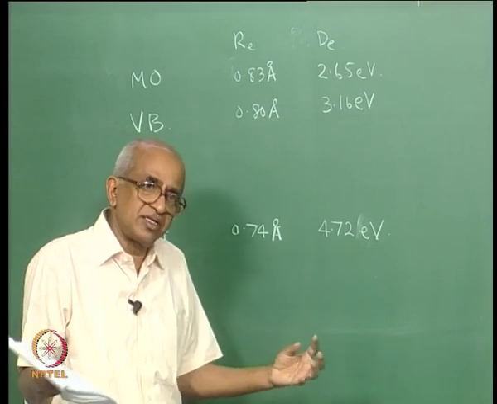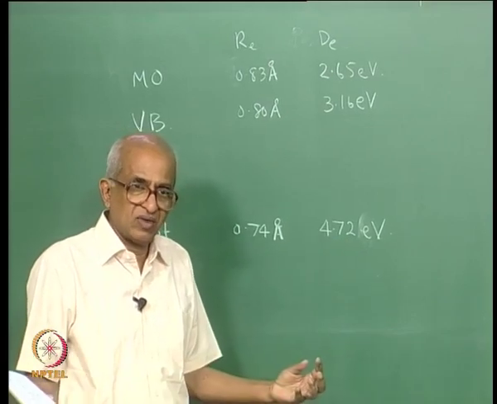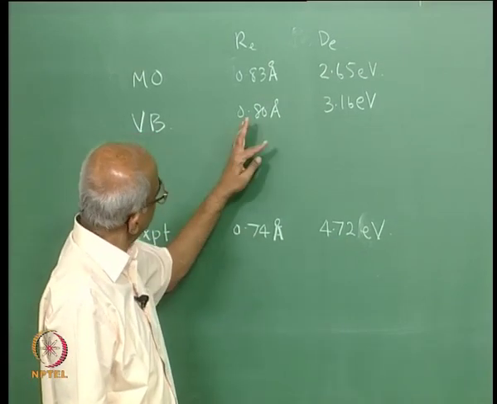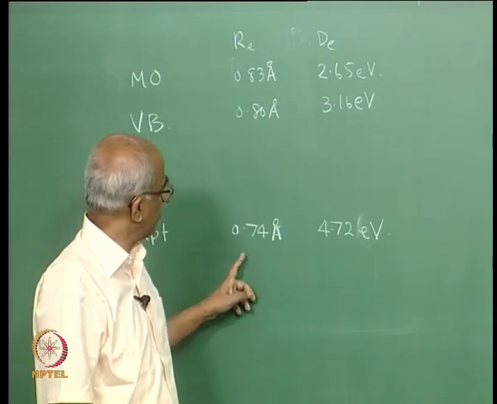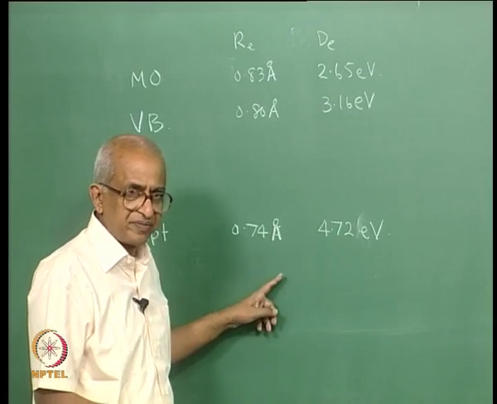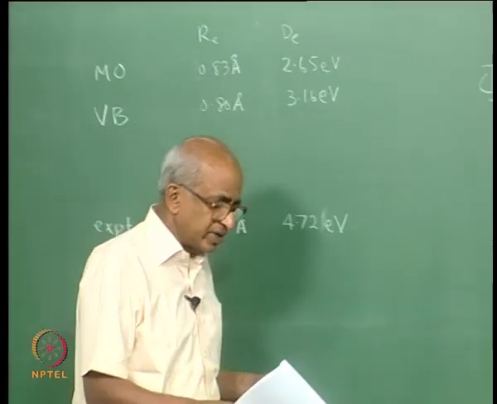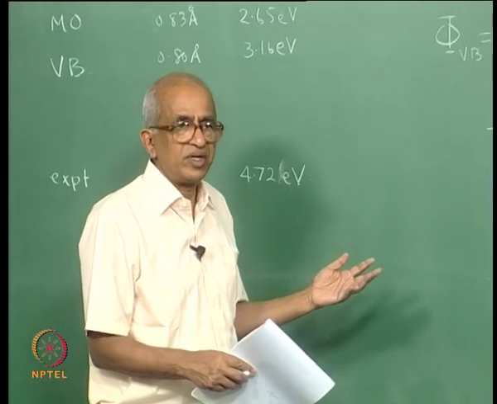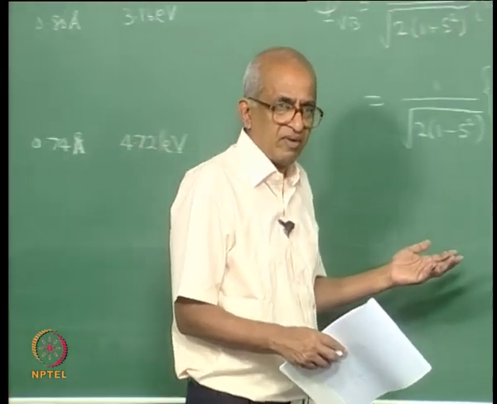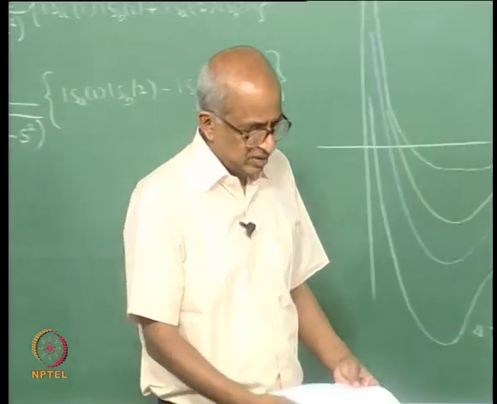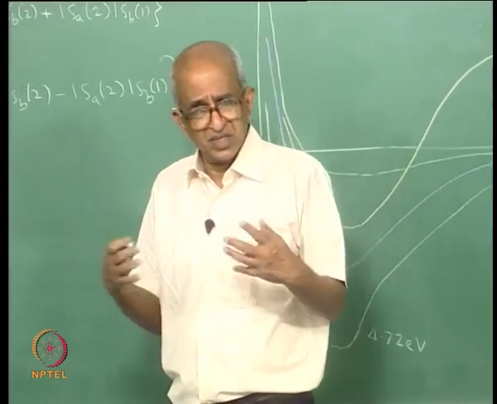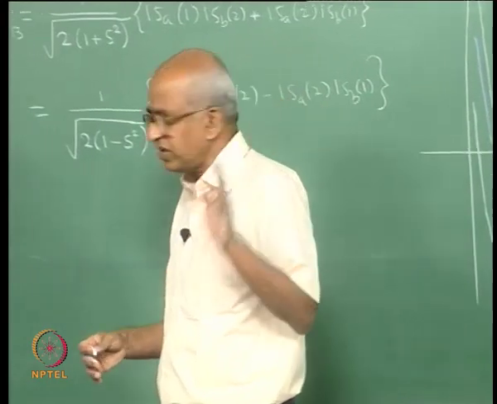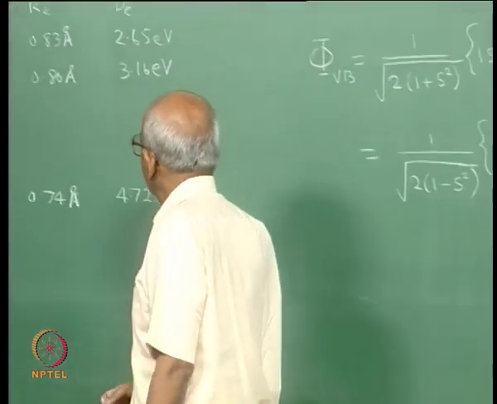It does predict that a bond is formed, and it predicts the bond length to be not a bad value, 0.80, whereas the experimental value is 0.74. So, you can see that there is still room for improvement. People have done many kinds of calculations, all of them long ago.